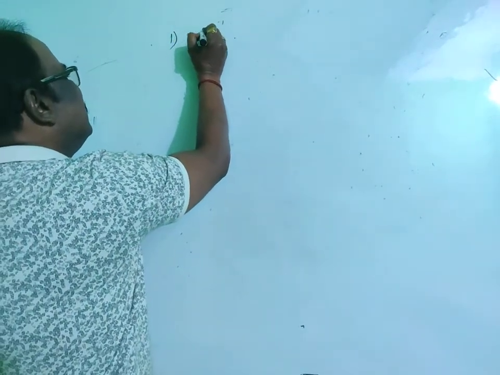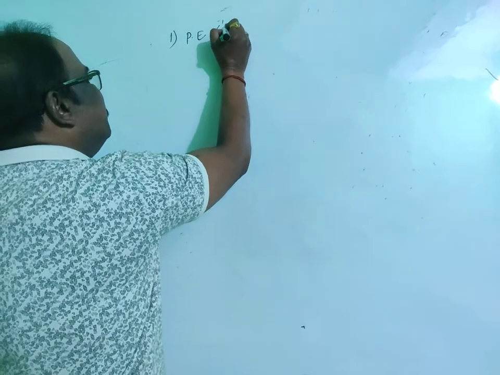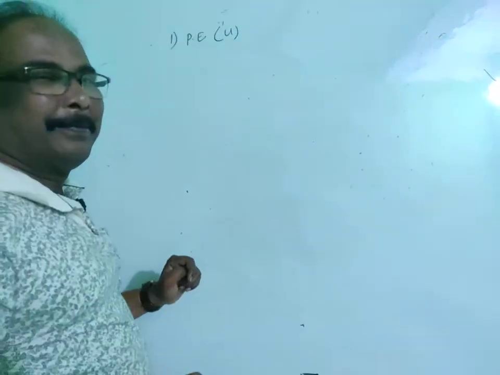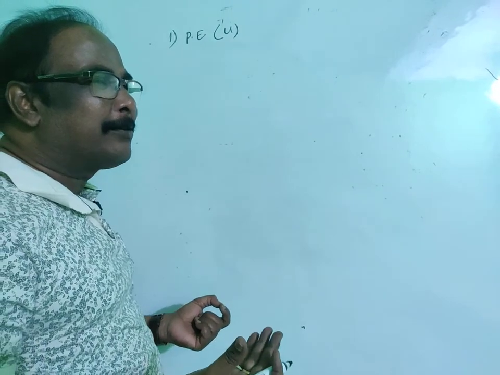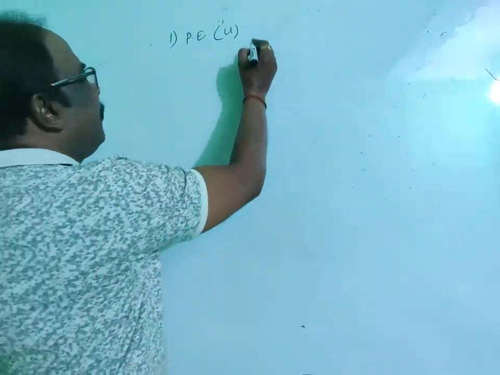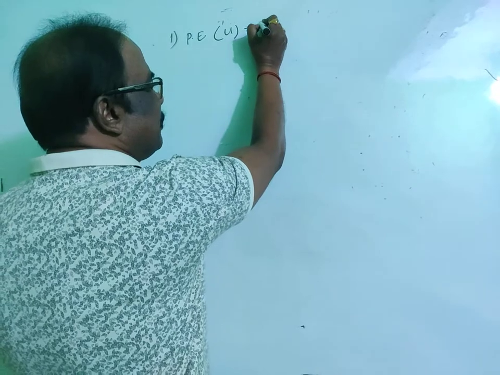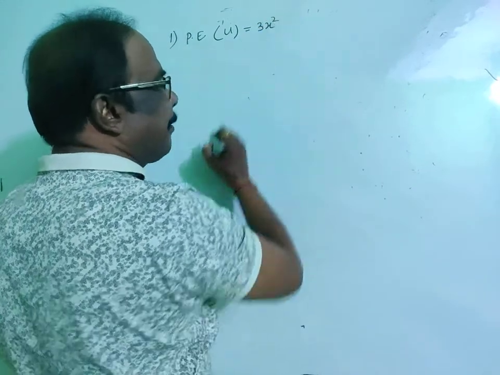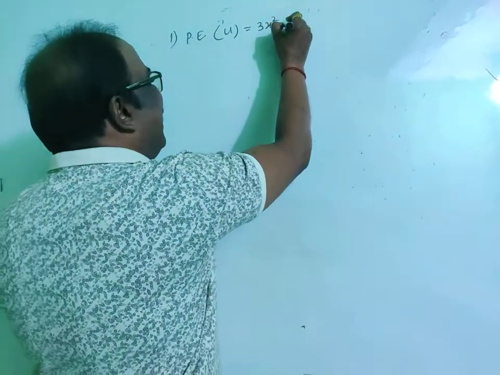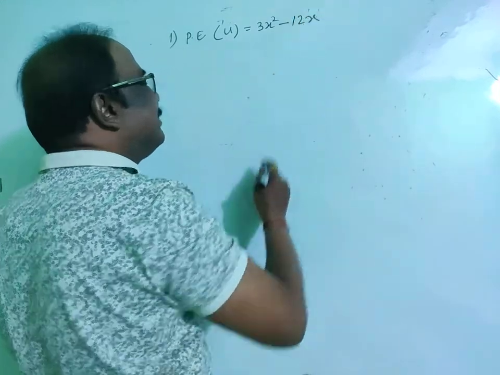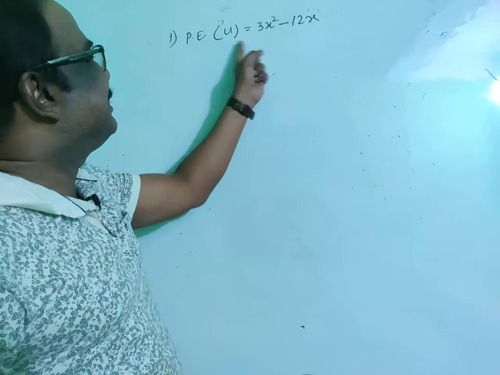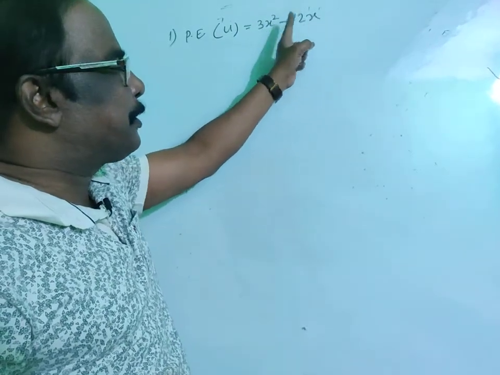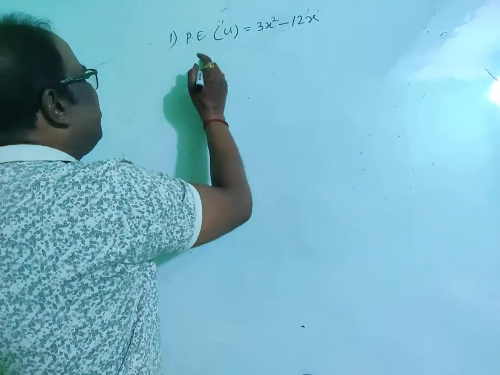Potential energy U. We may consider any direction, either x or y or z. Potential energy is given as 3x square minus 12x, where x is the displacement along the x-axis. This is the expression for potential energy. Very simple question.